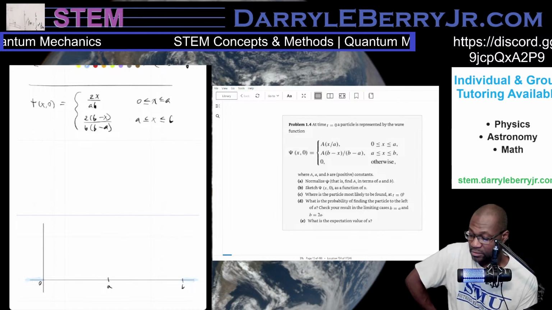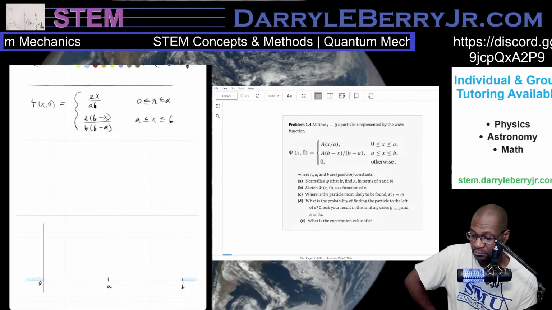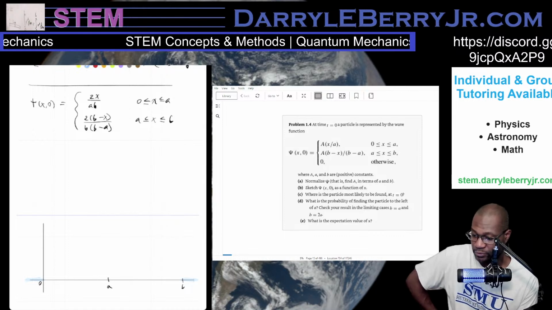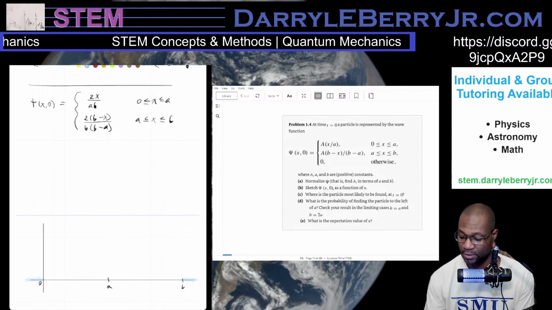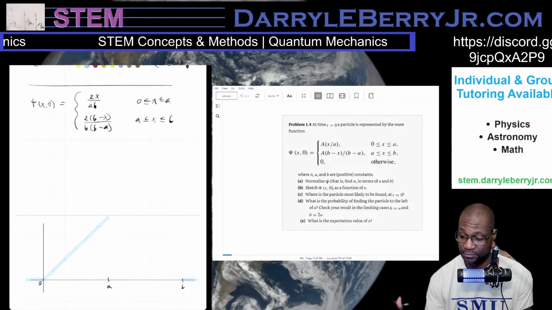So this is not necessarily easy to graph. Well, ab is a constant, so basically it'll be a straight line. Like if there was no constant underneath, it'll just be a line like this with a slope, I guess, of 2.